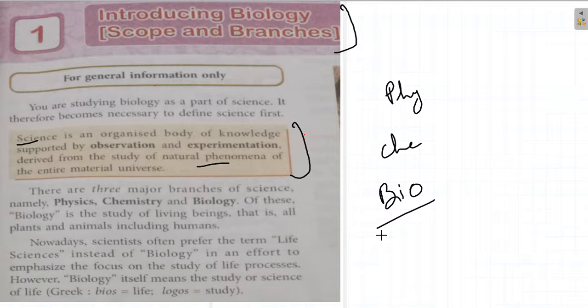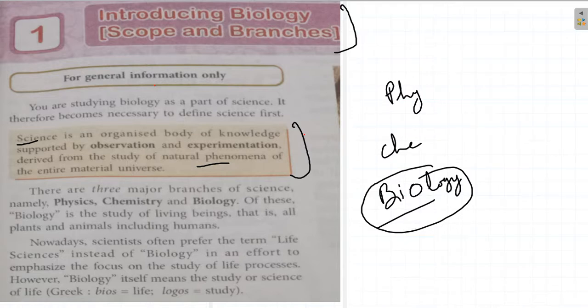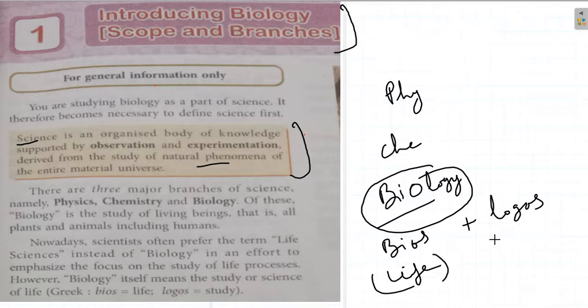Here we are going to discuss biology. Biology is derived from the Greek words bios plus logos. Bios means life and logos means study. That means the study of life, or the study of life processes, is called biology.